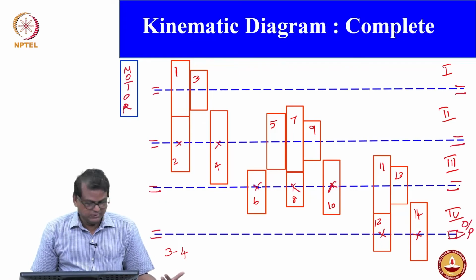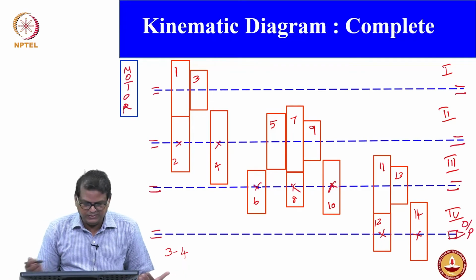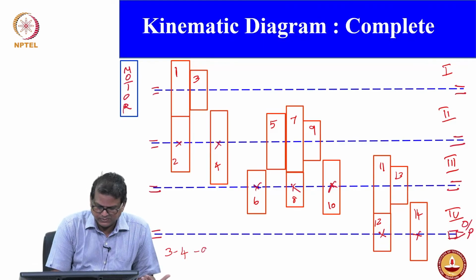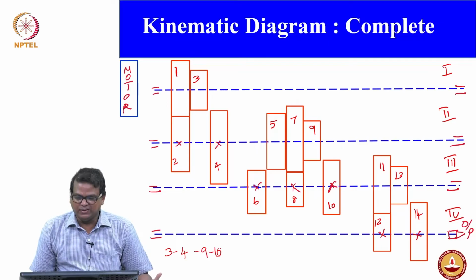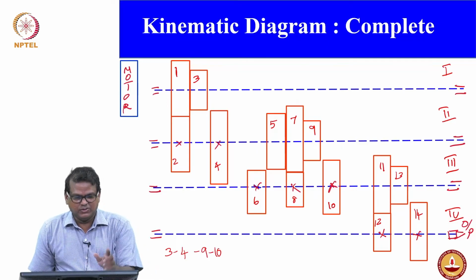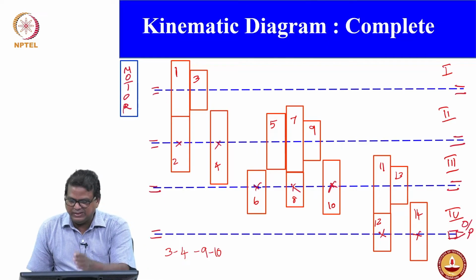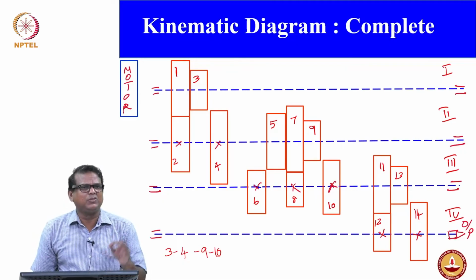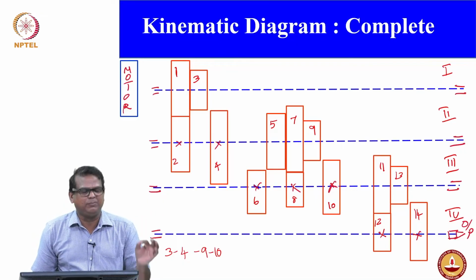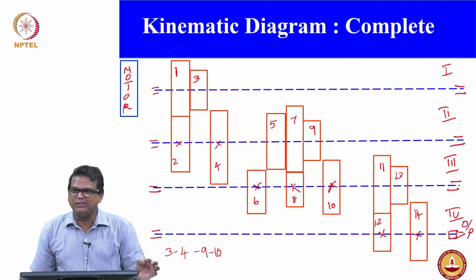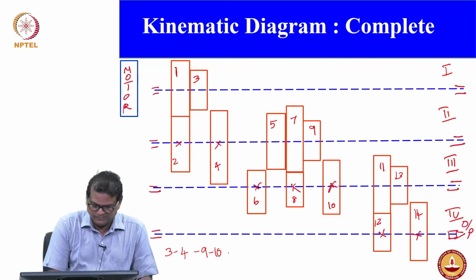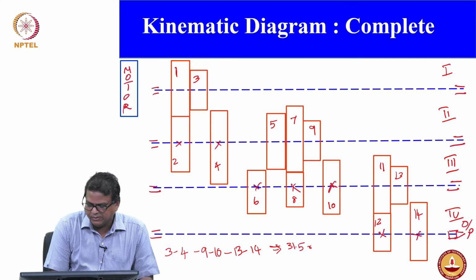Okay. Now, what is the next meshing? 9, 10, can we say 9, 10? 9, 10, okay. So, that is meshing. So, 3, 4 meshing and 9, 10 meshing. I want to have the lowest speed 31.5 RPM. The next one would be 13, 14. So, this should give me 31.5 RPM.